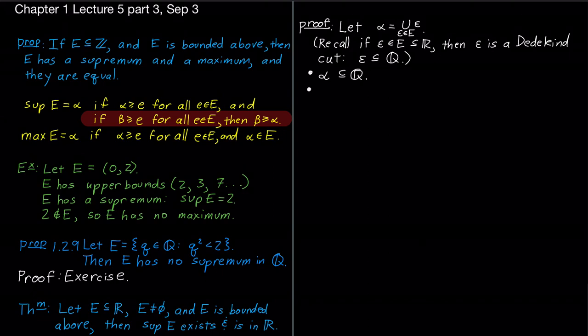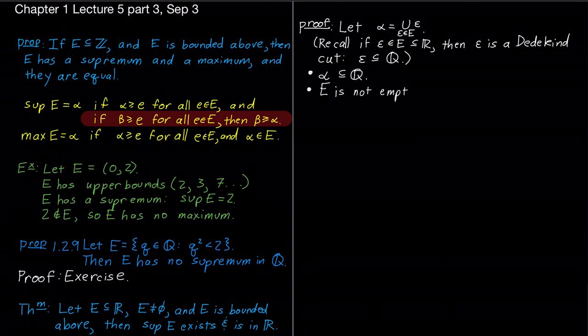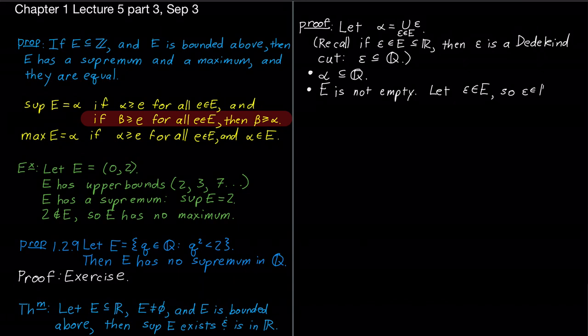Let's see. E is not empty. So let epsilon be in E. So epsilon is in R, is not empty either.